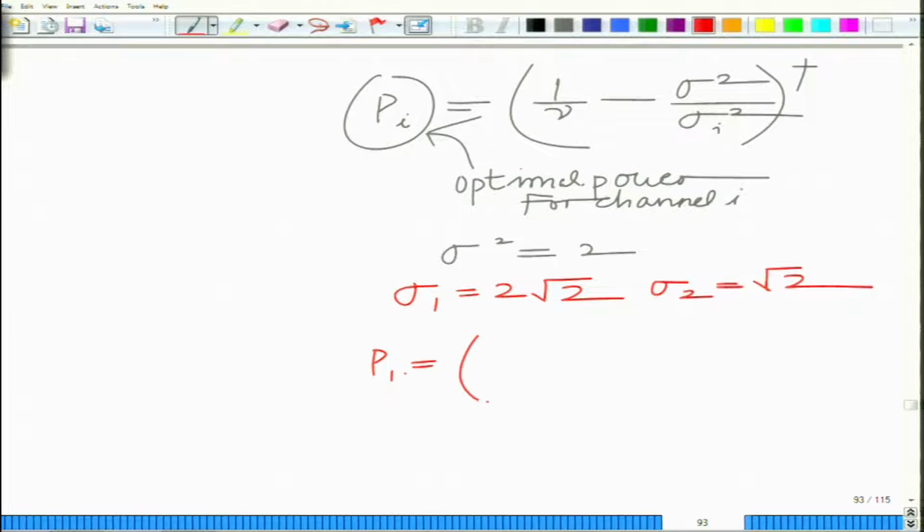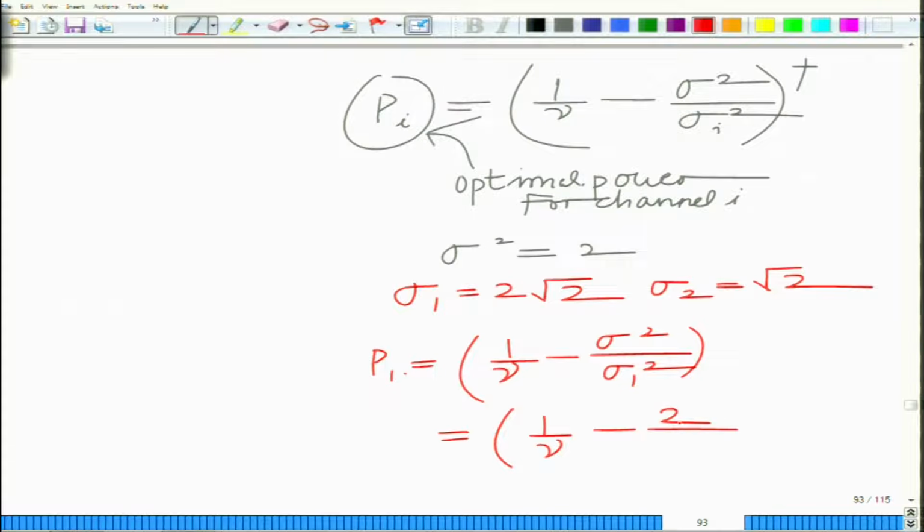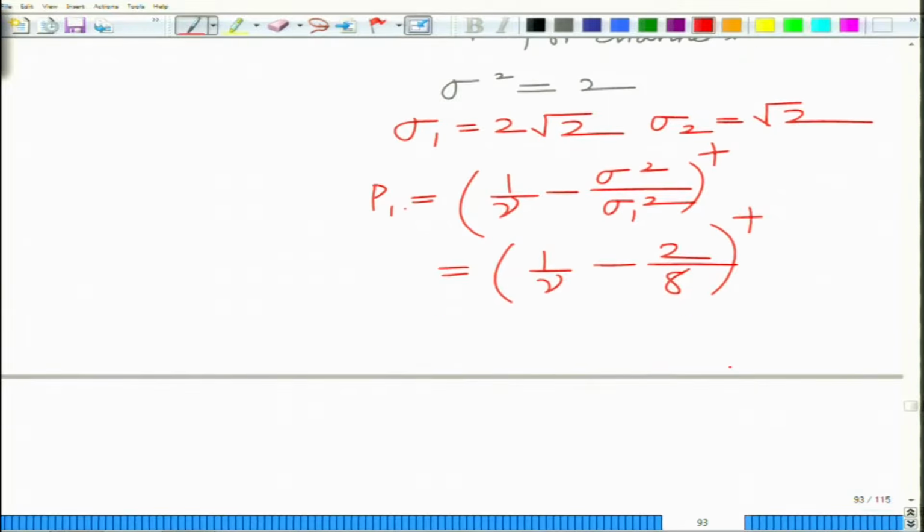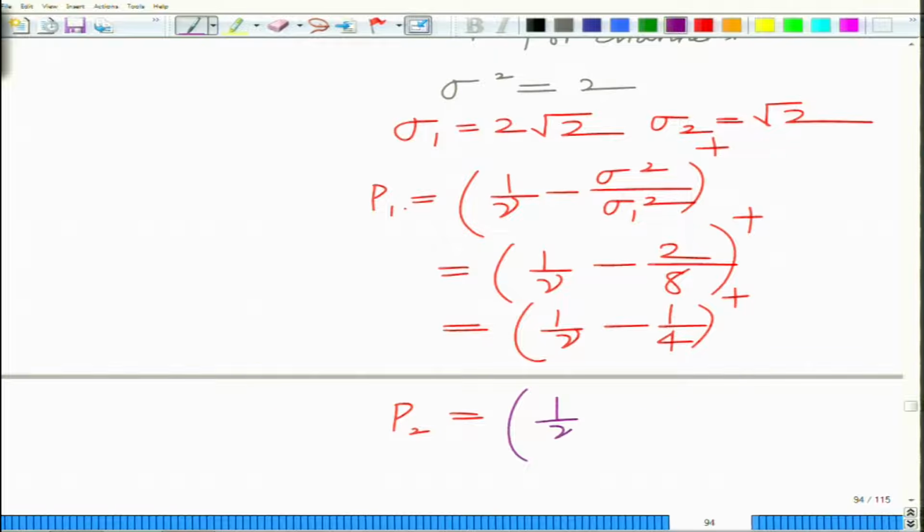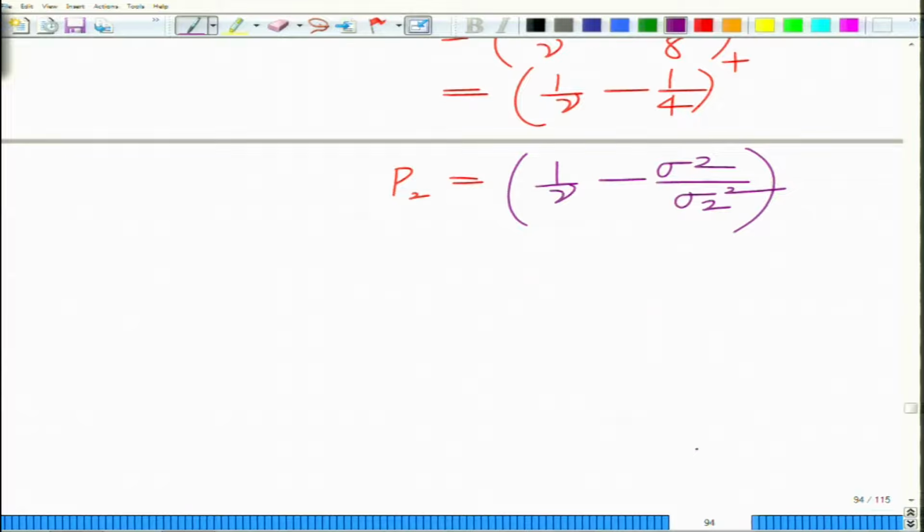So, P1 equals 1 over nu minus sigma square by sigma 1 square, which equals 1 over nu minus 2 divided by 2 square root 2 whole square, which is 8, plus. This quantity is taken if it is greater than or equal to 0, or it is 0 otherwise, which is basically 1 over nu minus 1 over 4. Similarly, P2 equals 1 over nu minus sigma square by sigma 2 square, which equals 1 over nu minus 2 divided by 2.